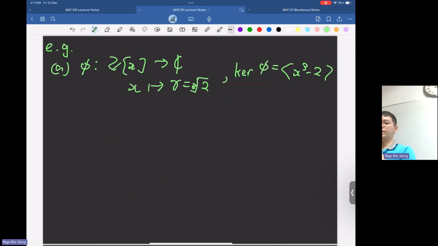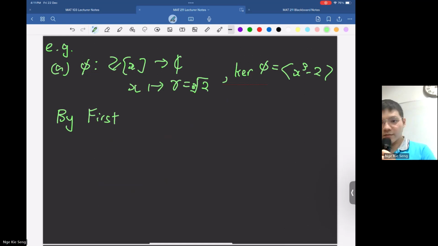And then you can use the division algorithm, division with remainder, to show that the kernel is indeed generated by x cubed minus 2. Because if you consider a lower degree polynomial, ax squared plus bx plus c, if you substitute the root in, can you get 0 or not? No. Okay. This is similar to what we discussed last time. Okay. So by the first isomorphism theorem, what can we do?